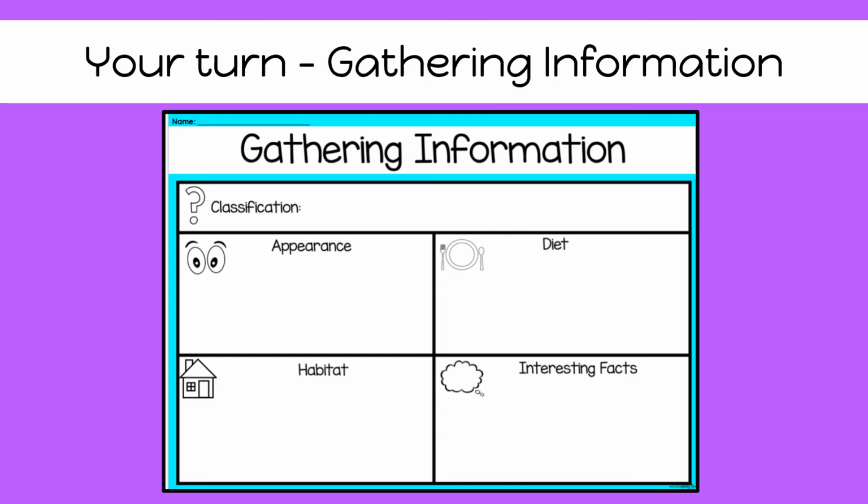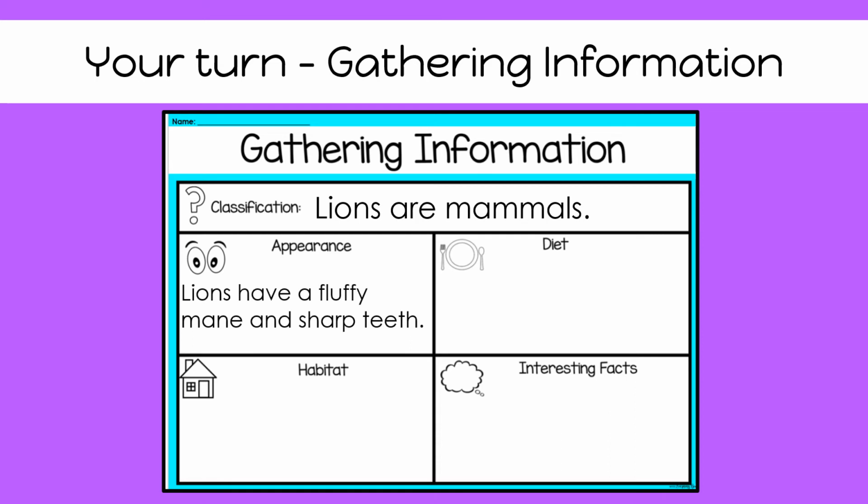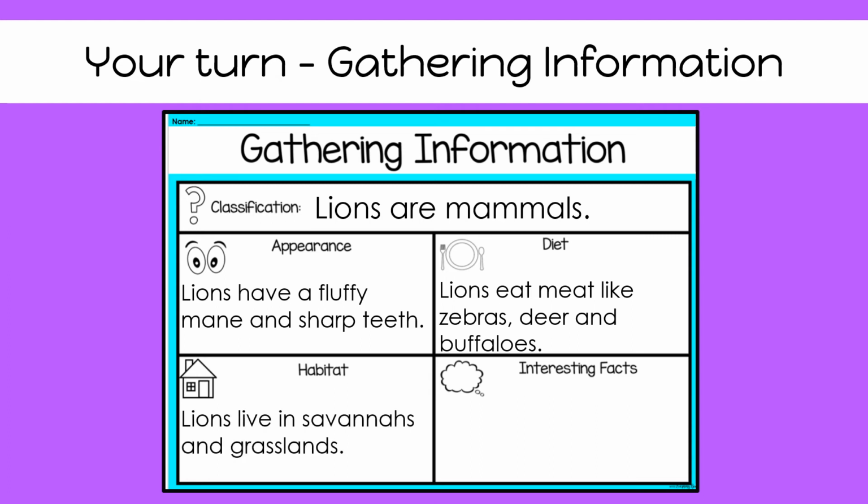Hopefully you've kept your gathering information chart from yesterday and you have been each day adding the different parts of information onto your chart that we've been working on. So at the top you should have your classification. Then you should have a sentence about the appearance. Then you should have your sentence about the lion's diet. And today we are adding our new sentence about the lion's habitat.